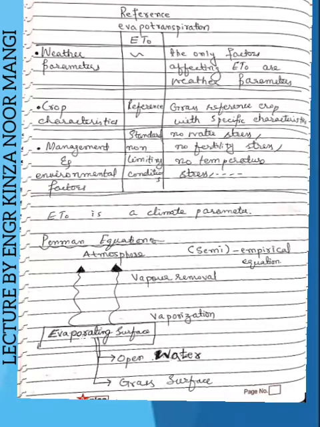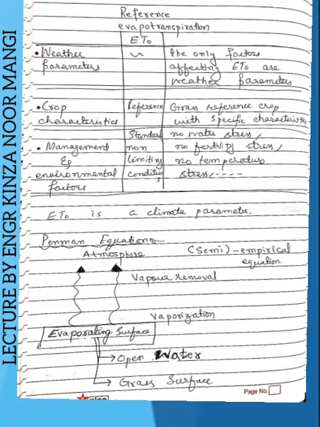Now we are moving further towards the Penman equation. For that, we will consider only the reference evapotranspiration, that was ET naught. Because it is affected only by the weather parameters, we can also say that reference evapotranspiration is a climatic parameter.